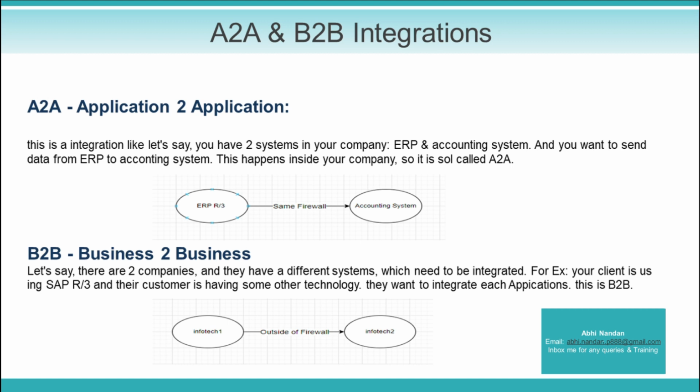They have the standard documents to exchange the data. So this is about B2B integration. The only thing you need to remember is A2A is the same firewall, and B2B is outside of the firewall. This is about A2A and B2B integrations.